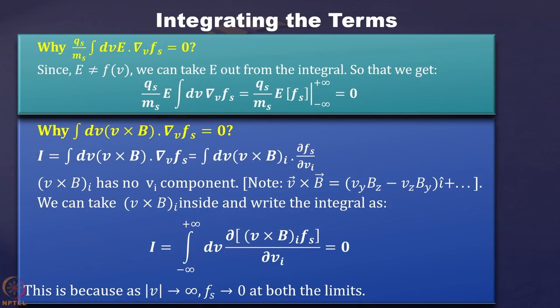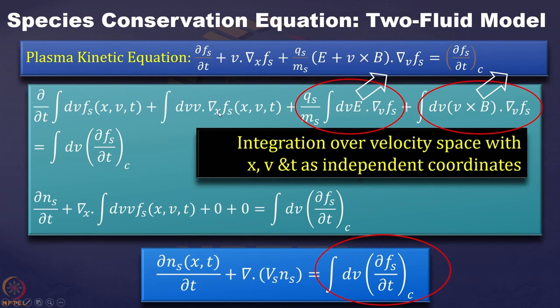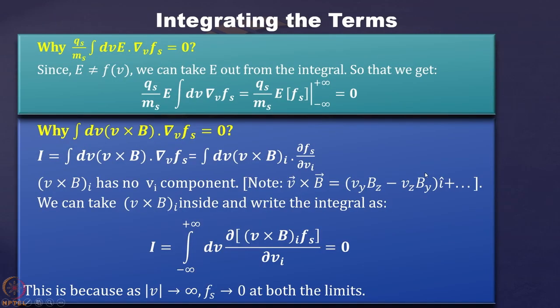So then there are the other two terms. One is this one, dV E dot grad V of Fs, and the other one is V cross B dot grad V of Fs. And we integrated them, and what we found is that this term, dV E grad V Fs, when you integrate over the velocity space, results in only the distribution function, which goes to 0 at both the limits, plus and minus infinity.